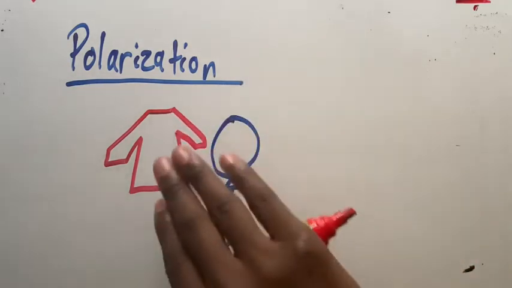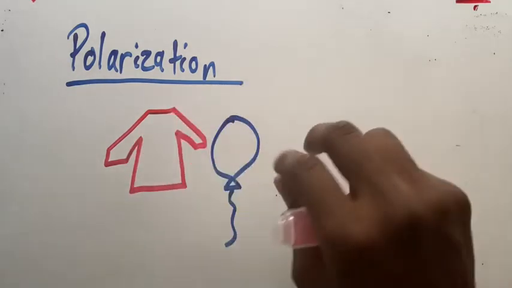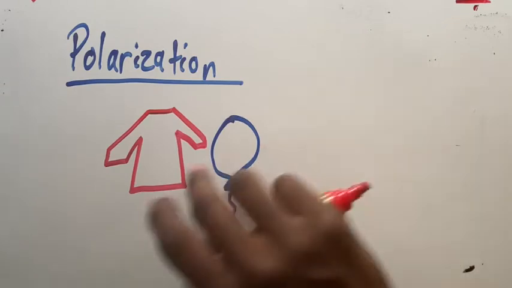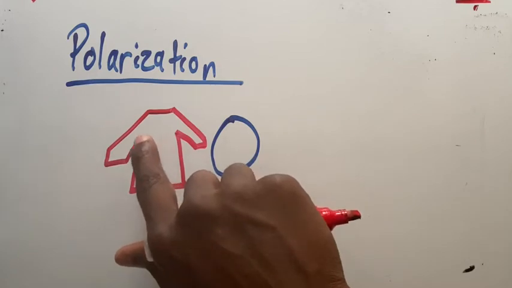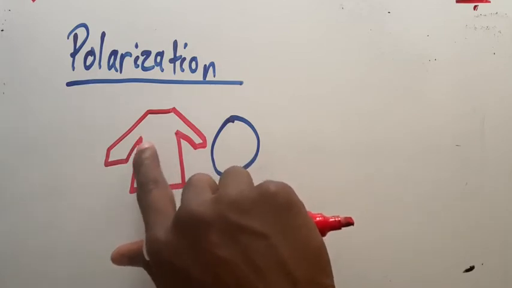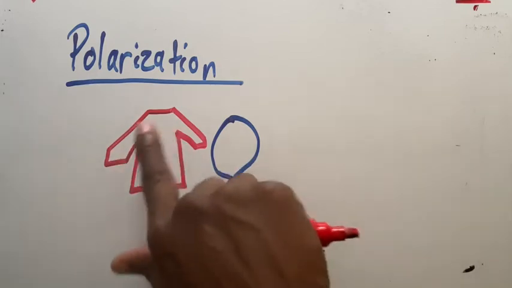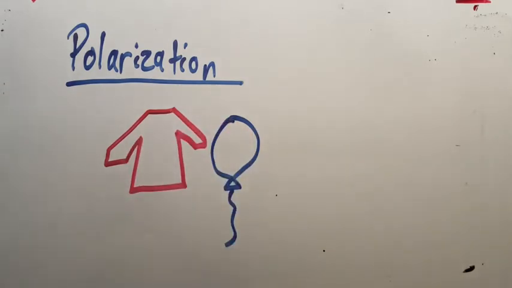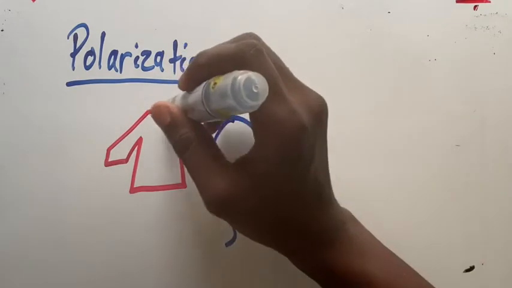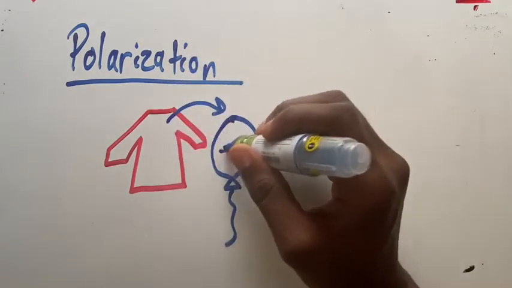So I take this balloon, I rub it on his shirt. As I rub this balloon onto that shirt, this shirt is basically losing electrons. So the electrons on this shirt then get pulled onto the balloon. So let me draw like this.